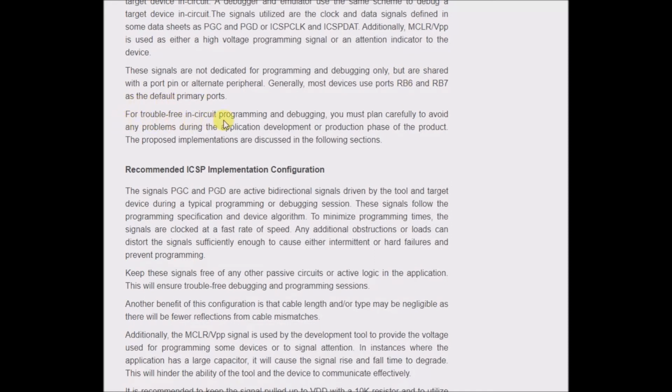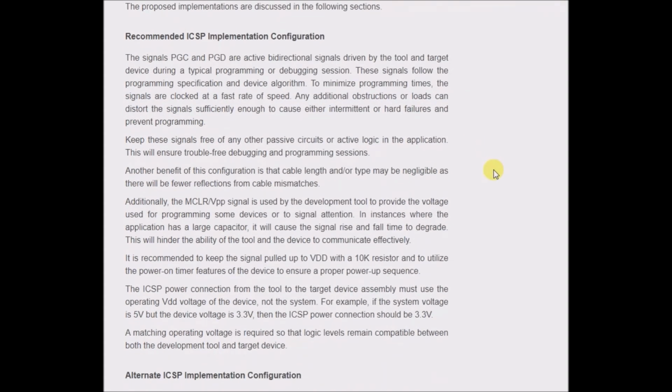For trouble-free in-circuit programming and debugging, you must plan carefully to avoid any problems during application development or production phase of the product. The proposed implementations are discussed in the following sections. Recommended ICSP implementation configuration. The signals PGC and PGD are active bidirectional signals driven by the tool and target device during a typical programming or debugging session. These signals follow the programming specification and device algorithm.